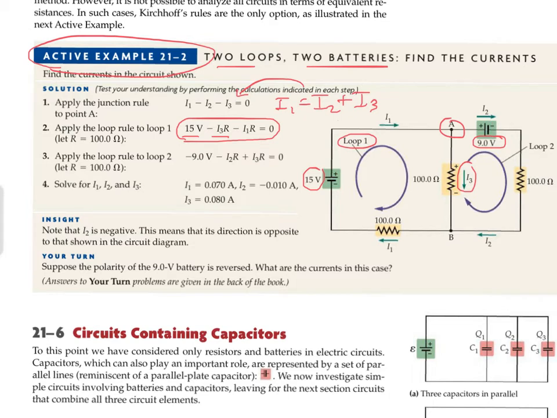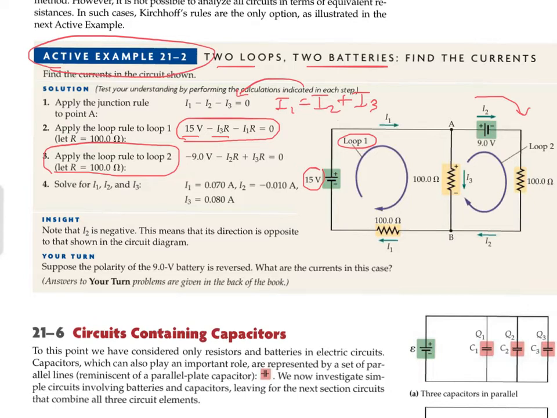So we've got three unknowns in the first equation, you've got two unknowns in the second equation. You apply the loop rule to loop 2, and you'll have a third equation that will allow you to solve for your three unknowns. So applying the loop rule, let me just erase some of the stuff over here. If you apply the loop rule to loop 2, going in the direction of the current this way, you've got a positive 9 volts.